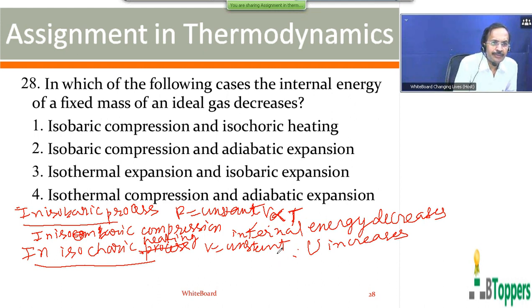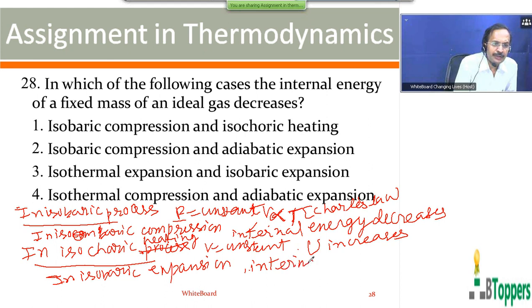In isobaric expansion, again Charles' law is applicable. At constant pressure, volume increases, so temperature also increases, since V is proportional to T. So internal energy of the gas increases in isobaric expansion.